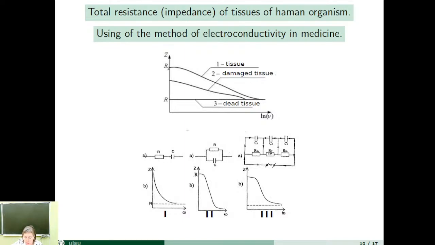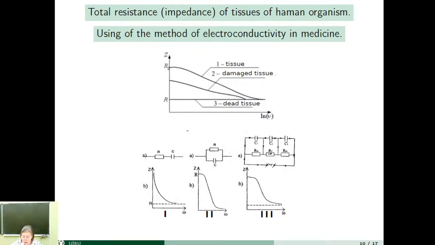If two resistances are measured at different frequencies under the same conditions, the ratio between them appears to be constant for a normal condition of the given tissue.